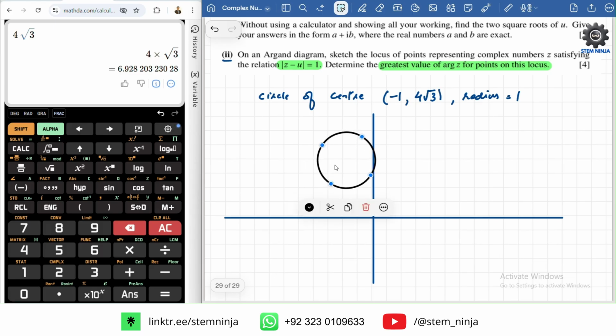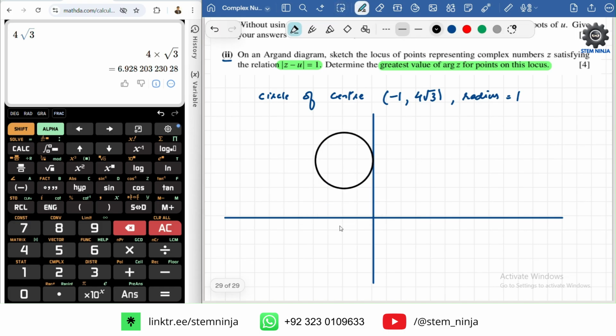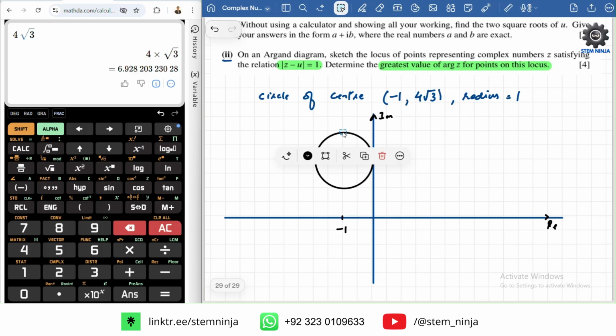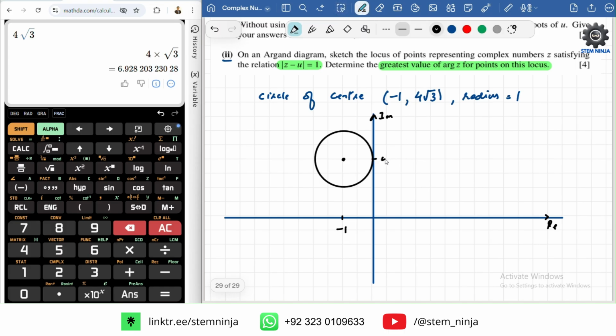It doesn't have to be very accurate, but I just wanted to have the center somewhat like this. Right, okay. So for example, this is your minus 1. I know it's not perfect, but it doesn't have to be perfect. So this is your imaginary axis, this is your positive real axis, this is your center. Okay, so this is your center, this is roughly your 4 root 3.